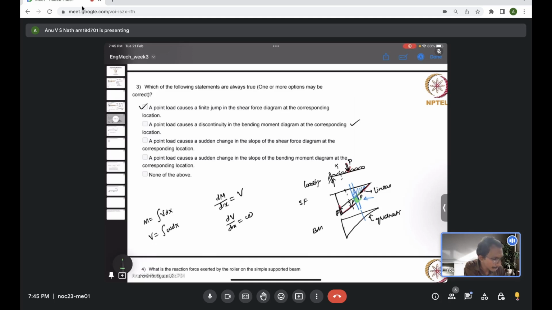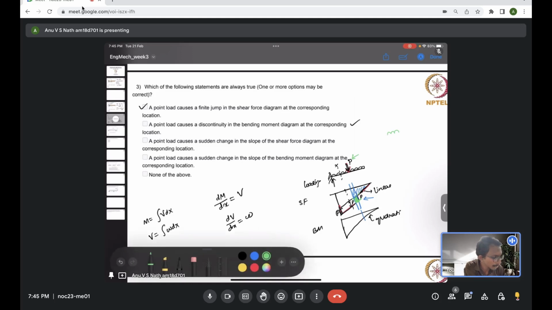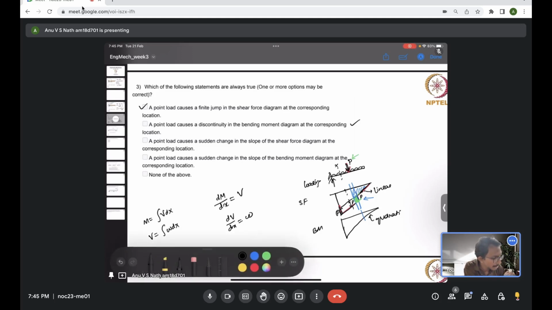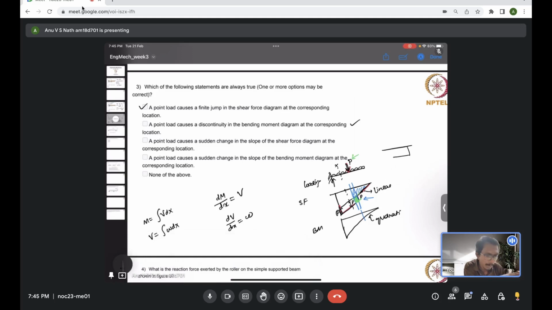And now if you think, that's a finite quantity, even though the force that caused this shift in the shear force diagram is a point load, which is a sudden variation. You can think the loading was a UDL, and if you actually draw the loading, it was a uniformly distributed load, a constant load until this point, and suddenly there is a point load acting, causing the load to shift like this, a point load shift, and then it again remains constant.